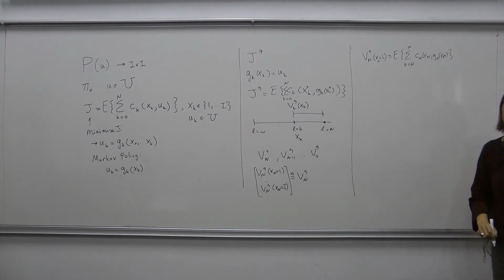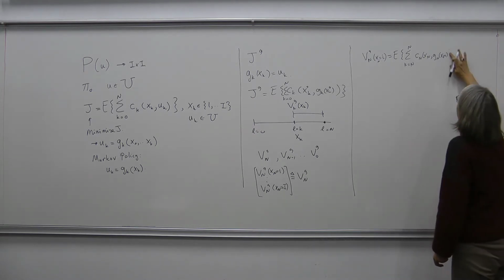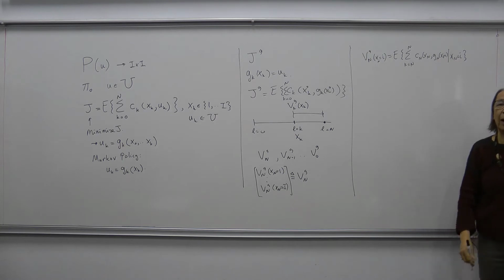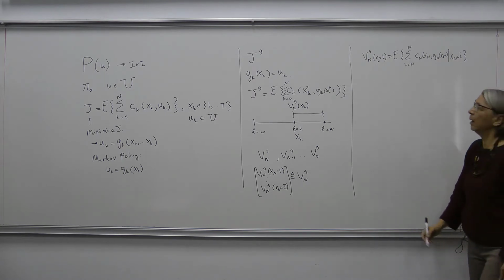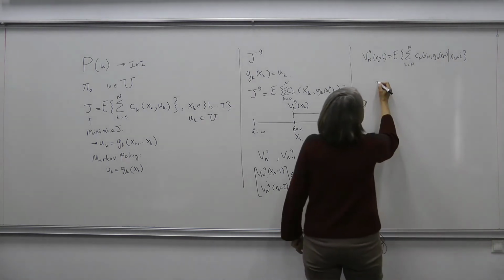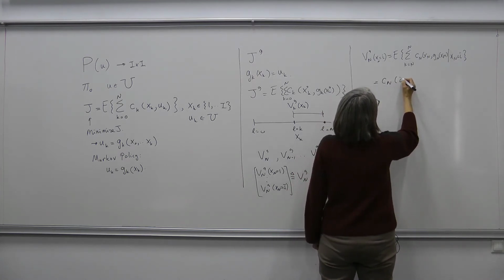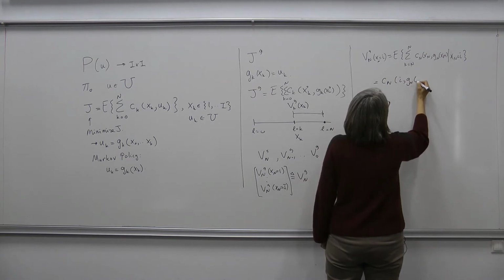But the computation of this expected value, given that x_n is equal to i, is so easy because it is a constant, and it is exactly equal to c_n of i and g_n of i.